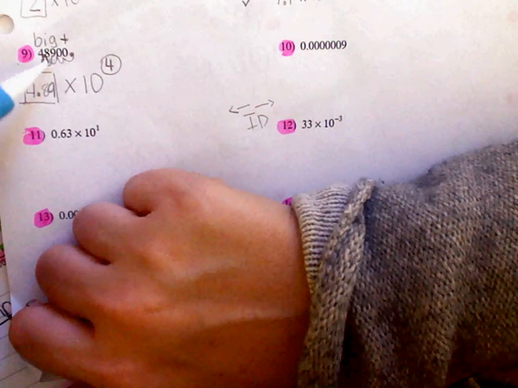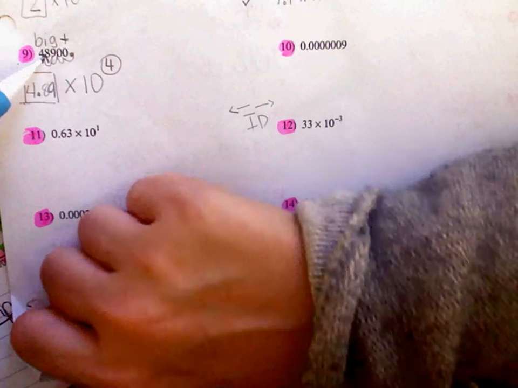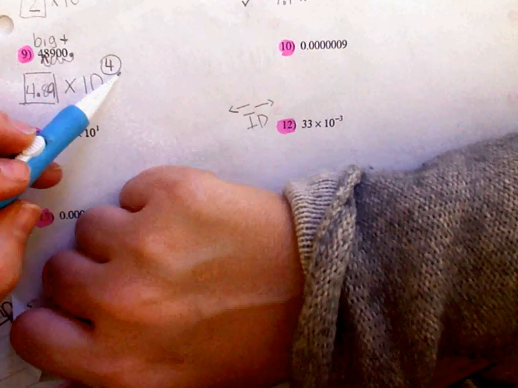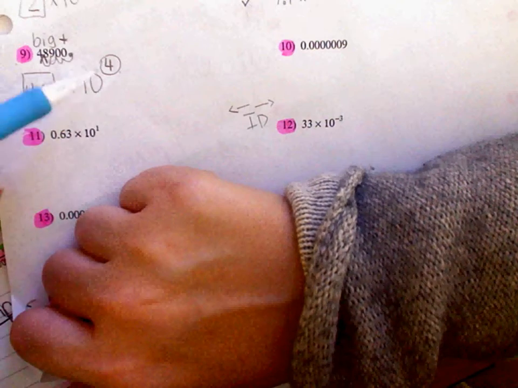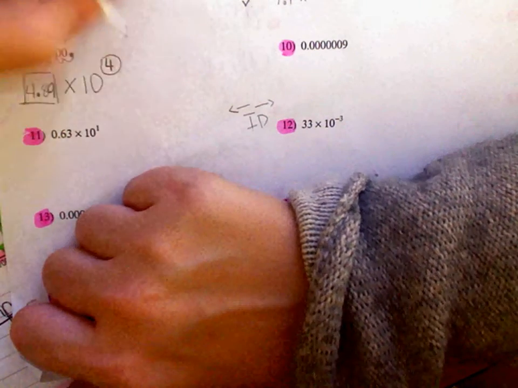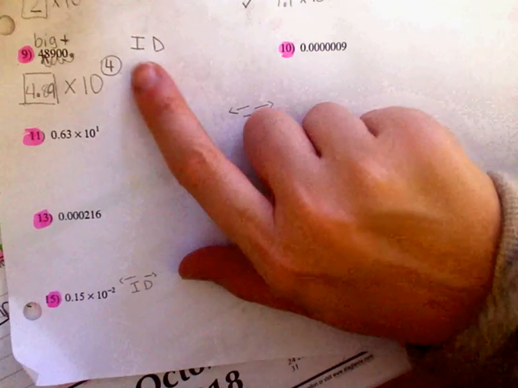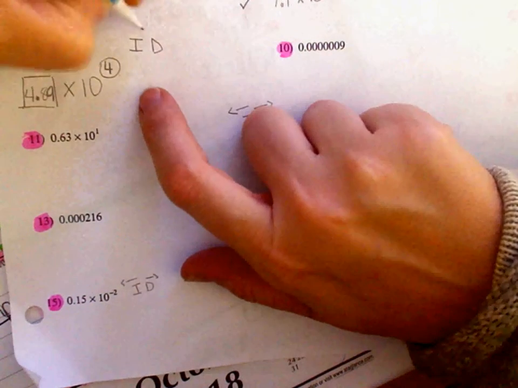So it went from 0 to 4. You can remember it by remembering that in the ID rule, the I, which means increase, is on the left, and the D, which means decrease, is on the right. So you can use that if you want to.